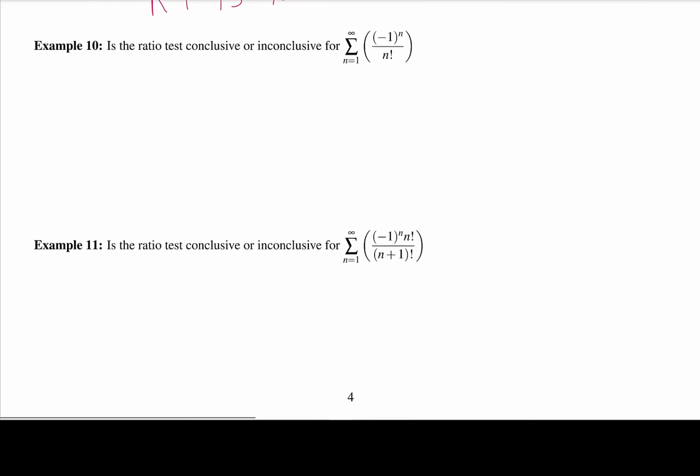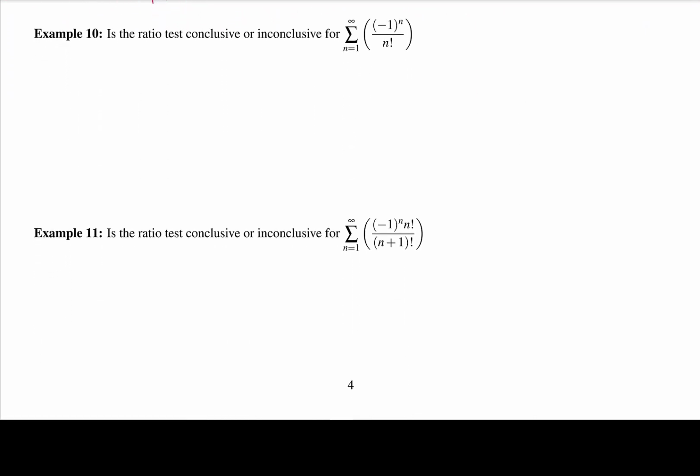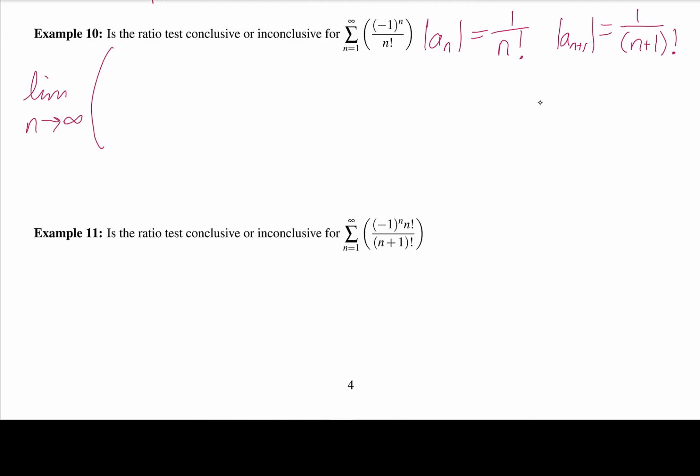Now let's look at example 10. So for example 10, the absolute value of a sub n would give us 1 over n factorial. The absolute value of a sub n plus 1 would give us 1 over n plus 1 factorial. So we'll have the limit as n goes to infinity of 1 over n plus 1 factorial over 1 over n factorial.